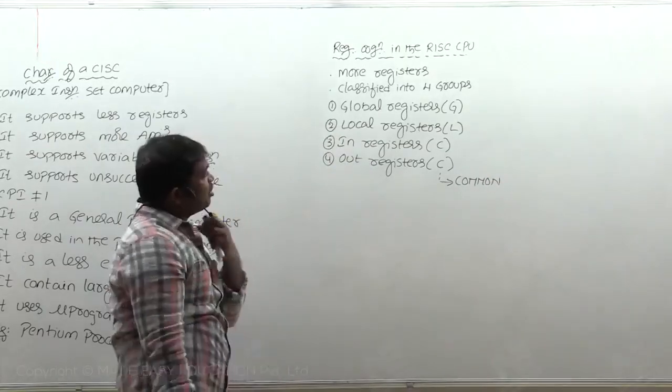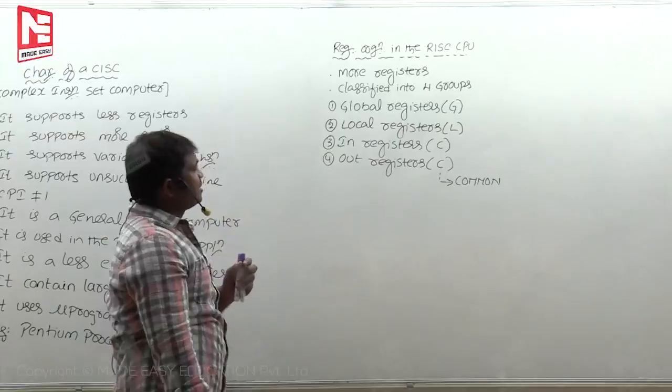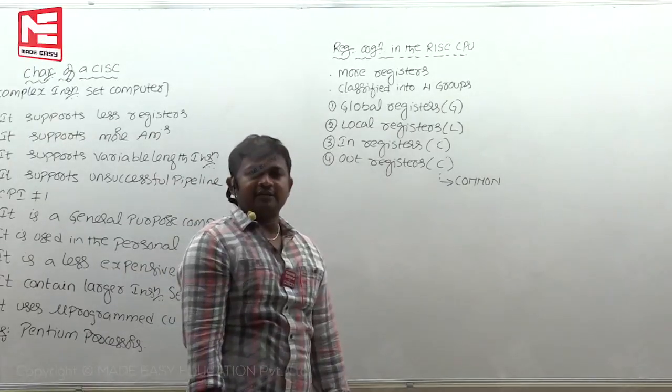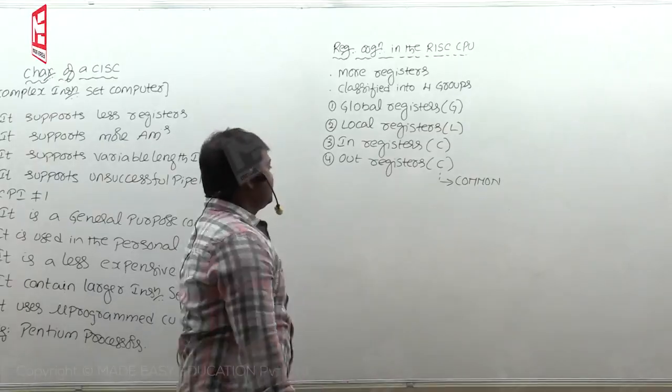In and out registers are the common registers. So in the RISC CPU, the supported registers are classified into four categories. You know? Right.